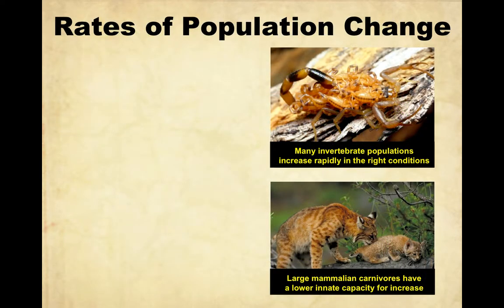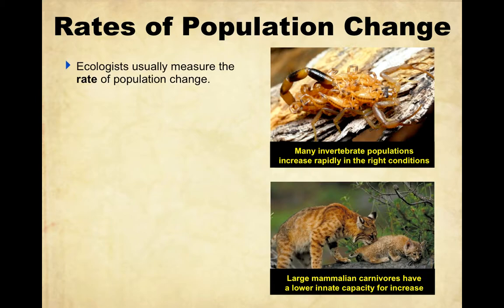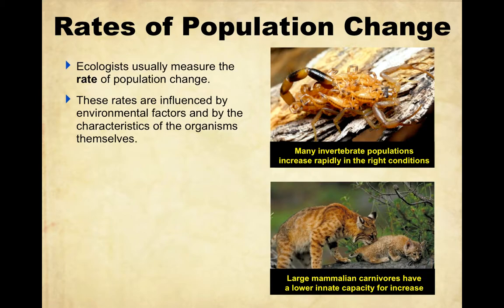Now, the rates of population change, okay? This is what ecologists usually care about the most, how population is changing over time. And these are influenced by the environmental factors we talked about, the abiotic factors and the biotic factors, okay? So we just talked about the density-dependent biotic factors and the density-independent abiotic factors, okay?